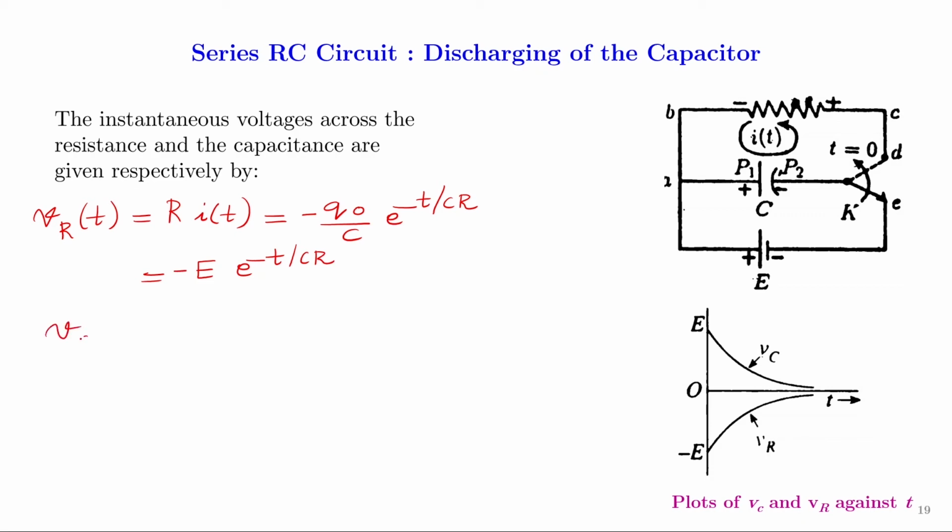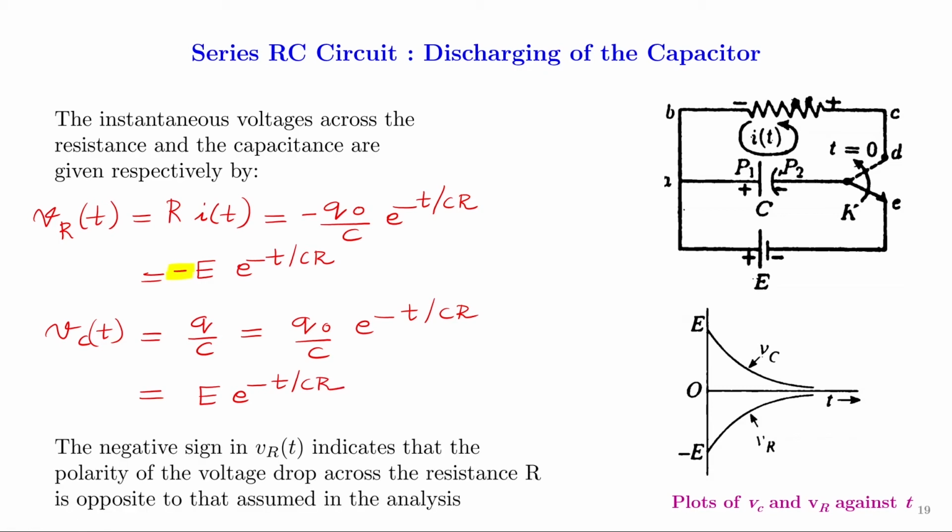The voltage across the capacitor is given by q over C, and this is equal to q0 over C times e raised to minus t over CR, or E times e raised to minus t over CR. The negative sign in VR(t) indicates that the polarity of the voltage drop across the resistance R is opposite to that assumed in the analysis.